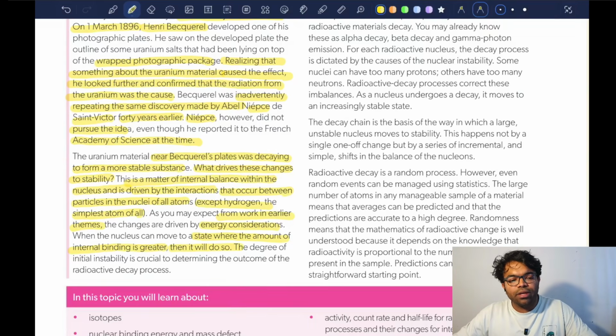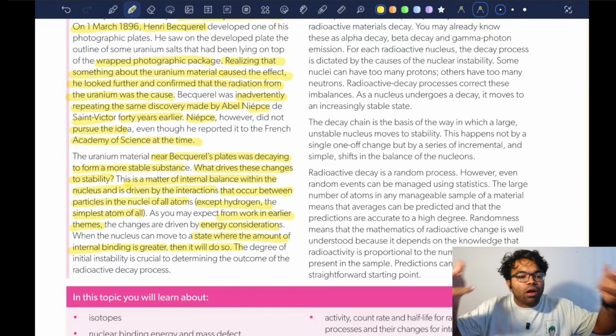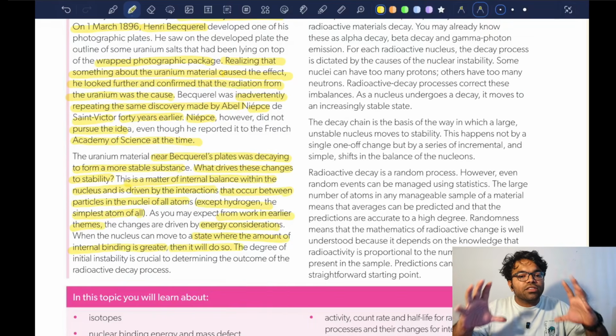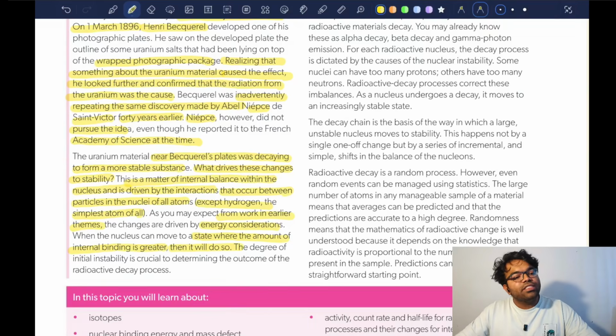Would a single person be able to carry 10 or 12 or 15 footballs? No, right? Even if you try to balance it, if you move slightly, one of the footballs could fall from your hand and touch the ground. So you can only hold certain amounts of stuff in your hand. Similarly, a nucleus can only have a certain amount of nucleons in itself that allows it to stay stable.